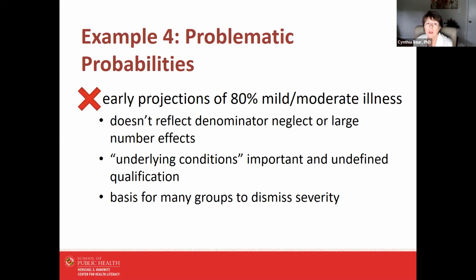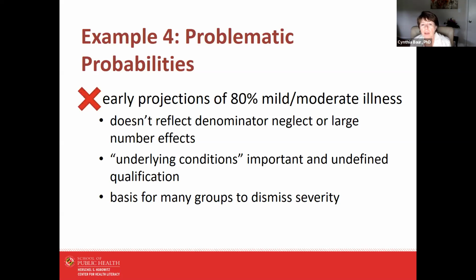And finally, these projections of 80% mild and moderate illness, because of the way that numbers operate in people's cognitive processing, were the basis for many groups to minimize or say that things were probably not going to be as severe as what some of the experts were saying.